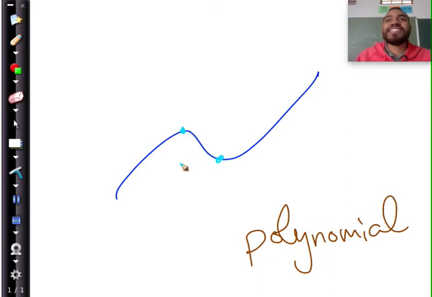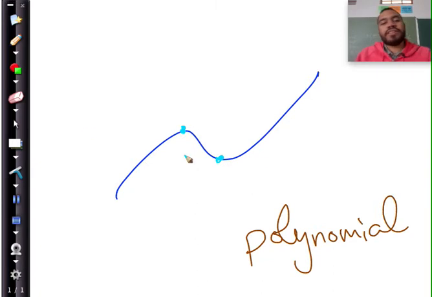So we've already seen how to find the x-intercept using synthetic division if it's something of degree 3, and we've seen how to find the y-intercept by simply making x 0, and now we are going to build up to finding the turning points, right?